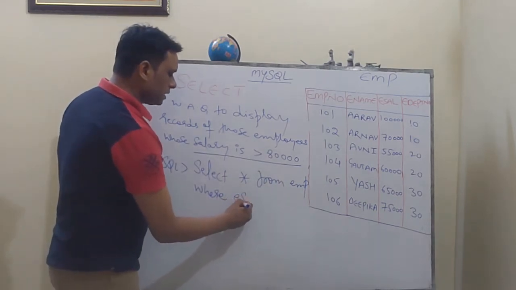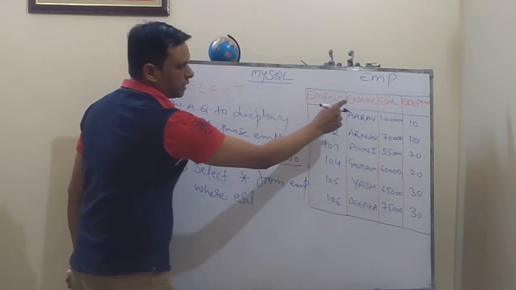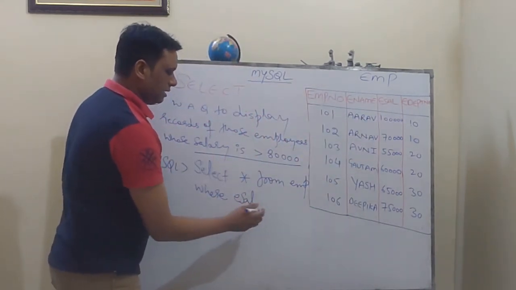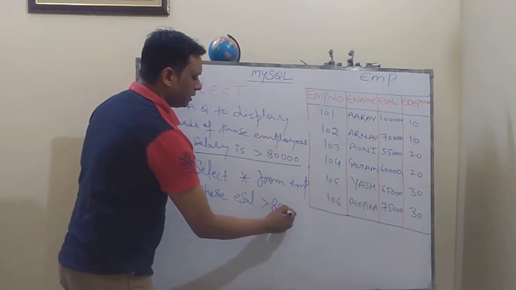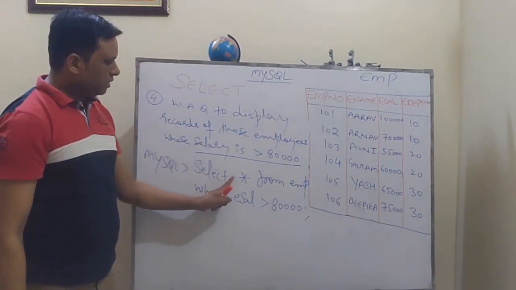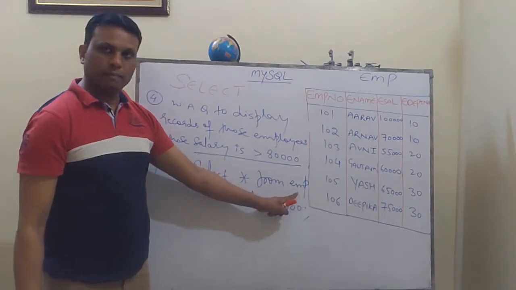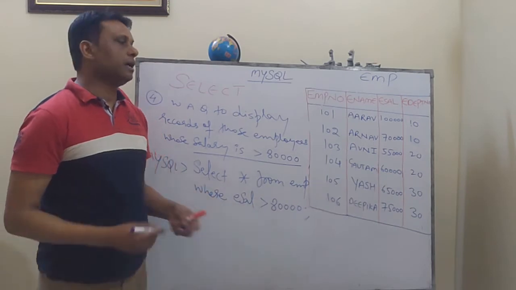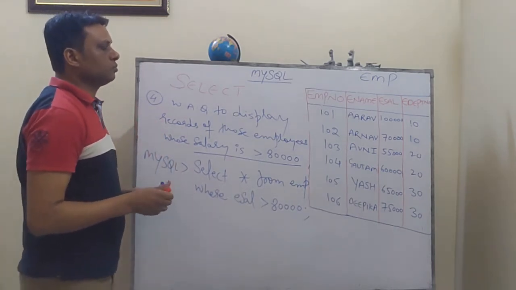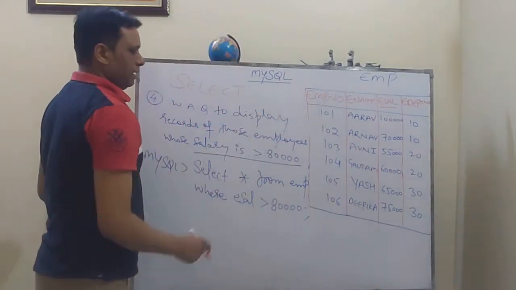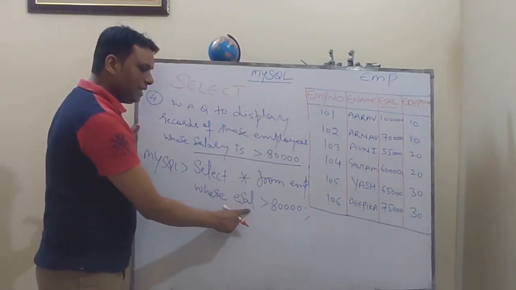Where E sal. Salary is written as E sal, so here also you have to write E sal greater than 80,000. Here you have to display records of all the employees, but only those whose salary is greater than 80,000. What you have to notice is the names of the columns. The name is E sal.